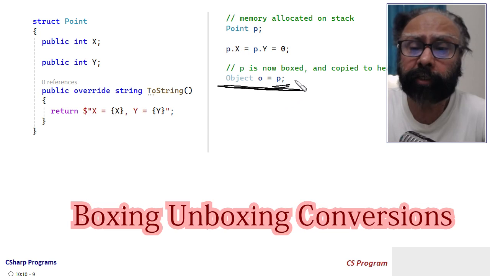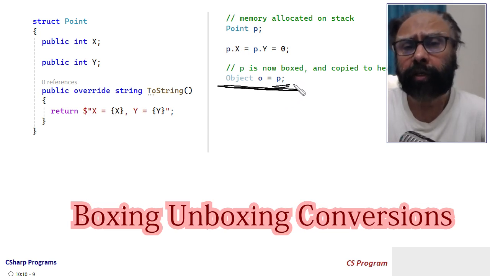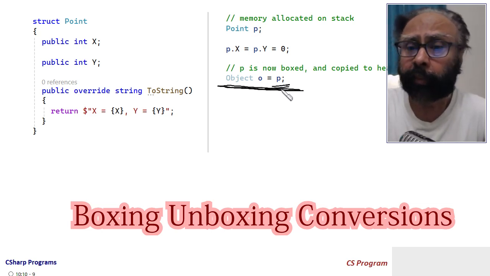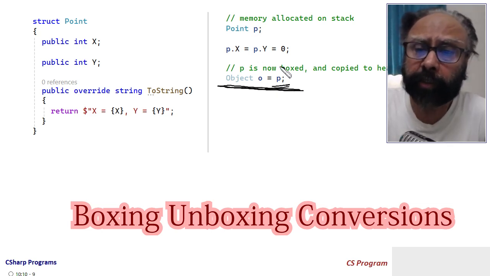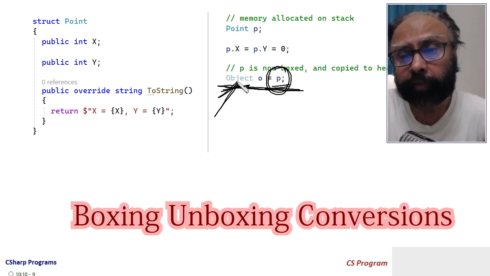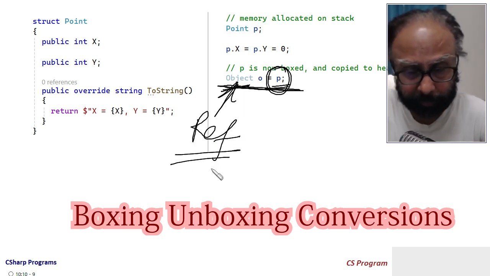Suppose there is some requirement, maybe we have to pass this struct to a certain function that expects an address, expects a reference. In that case, this p will be converted to a reference type, because object is a reference type, it is not a value type.